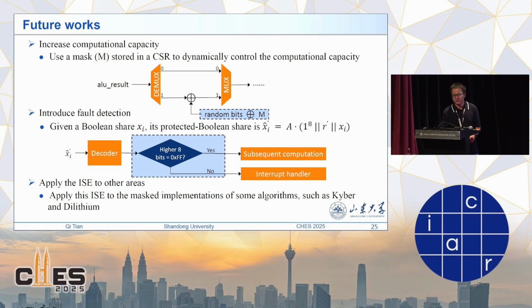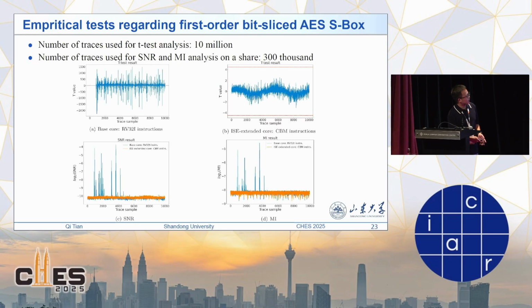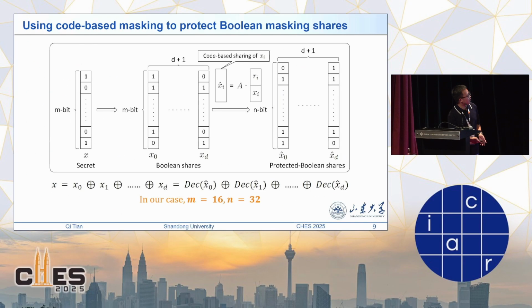Any other question? May I finish with one last question, please? In your slide number 9, you mentioned your idea of first splitting into Boolean shares and then encoding according to code-based masking. Why not just directly encode your secret in code-based masking?